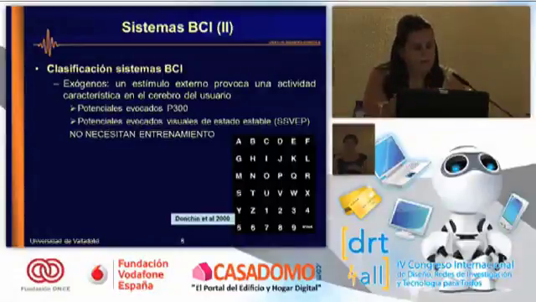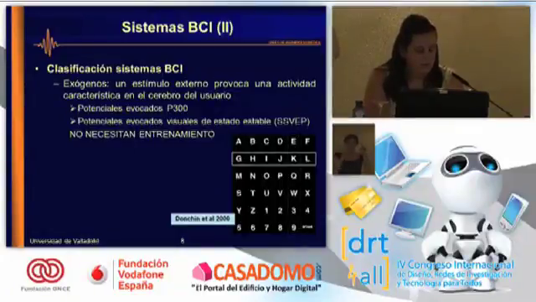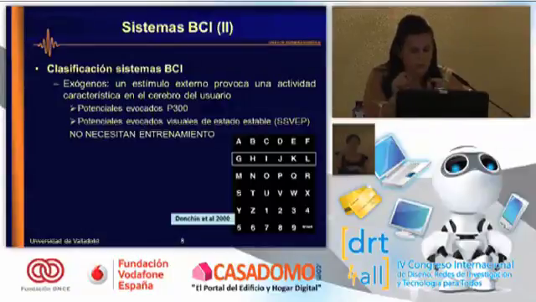A typical example is a matrix of 36 elements, with numbers and letters, and you align them in columns and rows. So what the user needs to do is concentrate on whatever letter or number they need to choose, counting how many times that element will blip, either the row or the column to which it belongs, or the element itself.